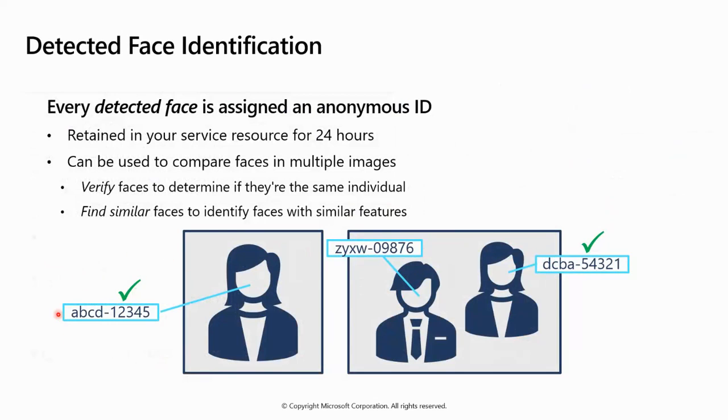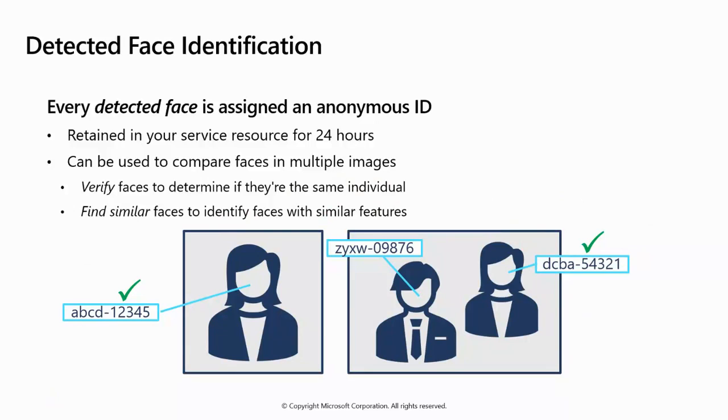This is ABC-12345, and in this image we have this person with this ID, and in this case, probably it is someone who has similar features on the face.